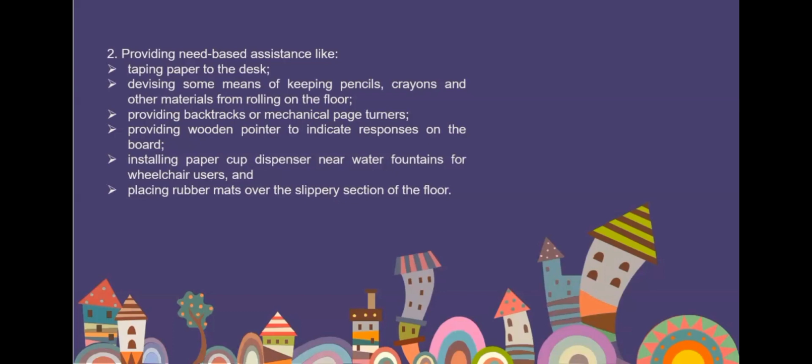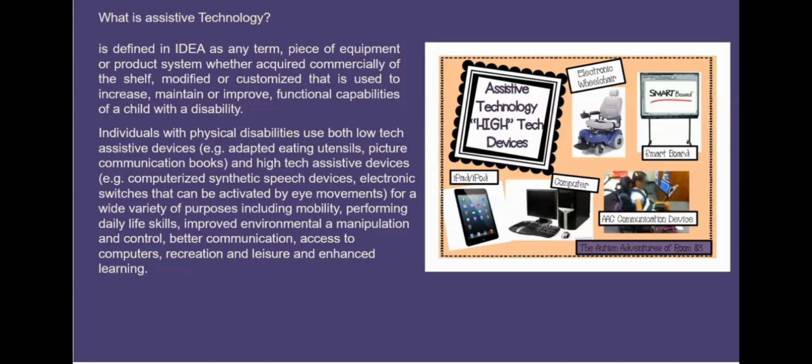So, next slide is what is assistive device or technology. It is defined in IDEA as any item, piece of equipment or product system, whether acquired commercially, off-the-shelf, modified or customized, that is used to increase, maintain, or improve functional capabilities of a child with a disability.